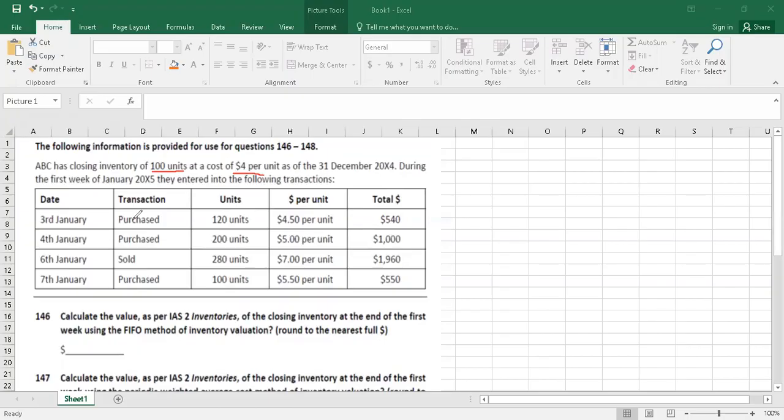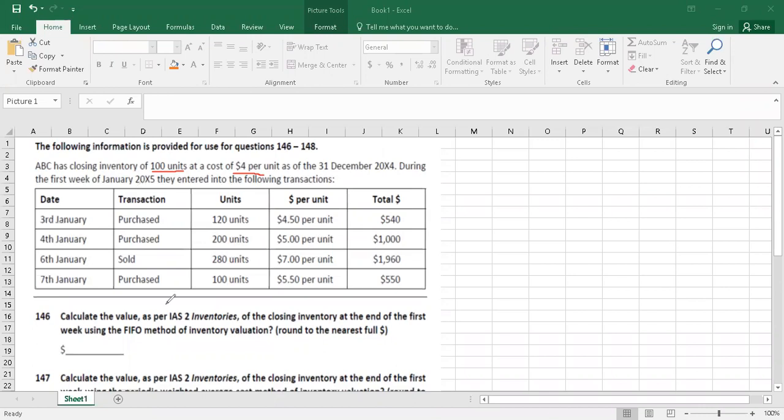Then later on, they purchased, some of the units are picked up and then they are sold. Then again they purchase. So at the end of the first week of January, what is the value of remaining units or the ending inventory? What is the value of ending inventory is what we have to find out.